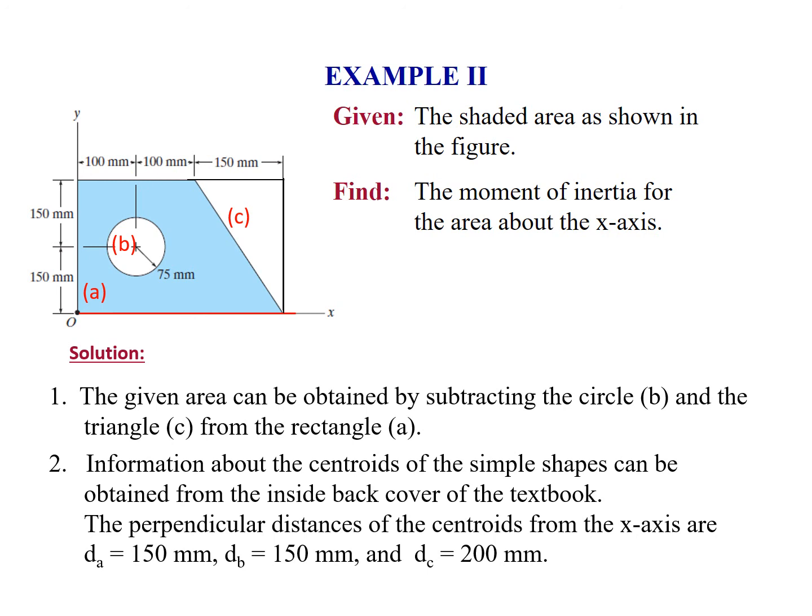Then the distance to the circular hole B is also 150 millimeters. Since the longer leg of the triangle C is 300 millimeters, we know that its centroid is 200 millimeters up, so that's how we get that distance C is equal to 200 millimeters.